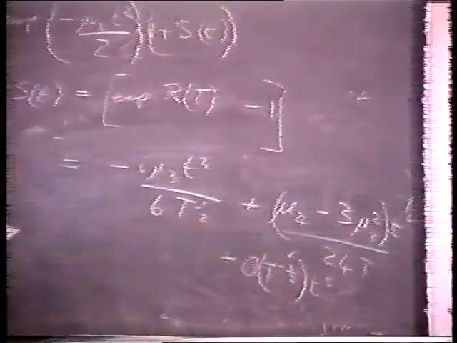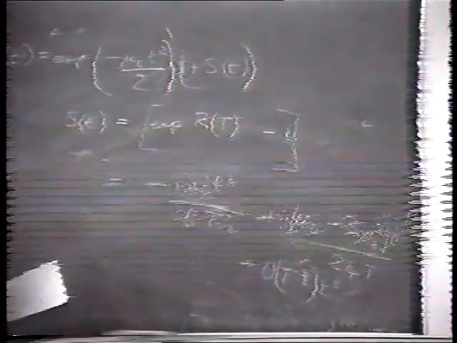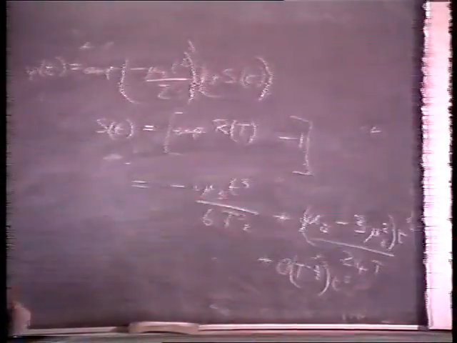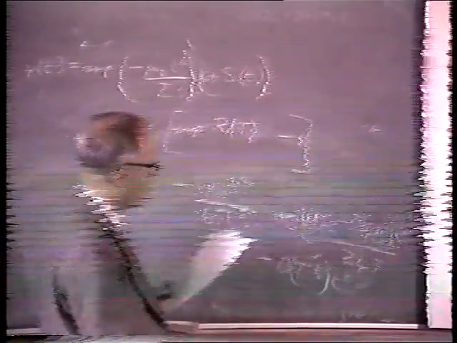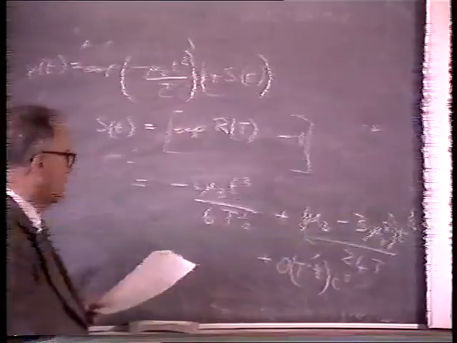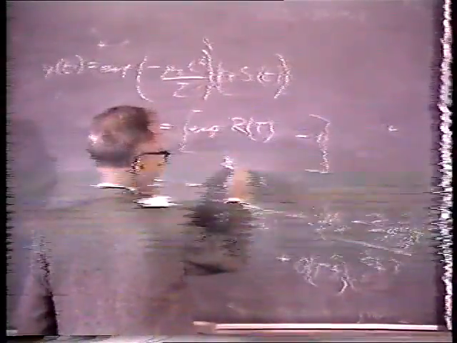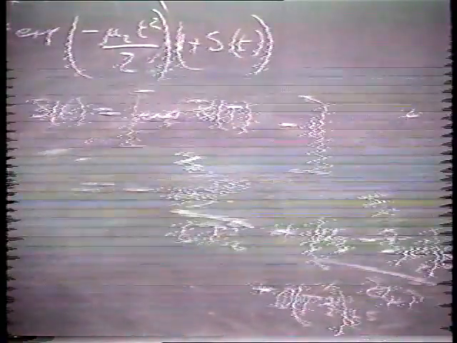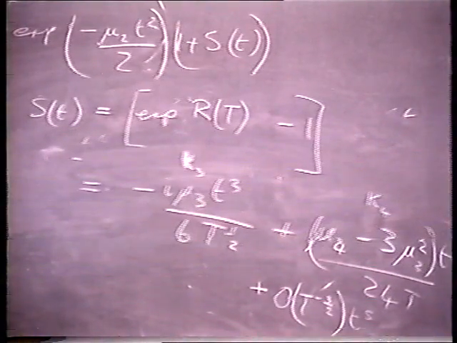And now we've got to integrate that with respect to e to the i x t to get the corresponding probability density. At this stage, let's drop the use of the mu 3 and call mu 3 kappa 3, my small kappa 3, mu 4 kappa 4, at least that simplifies the notation a little. Yes, I'm sorry, I've missed out an important term in the expansion.